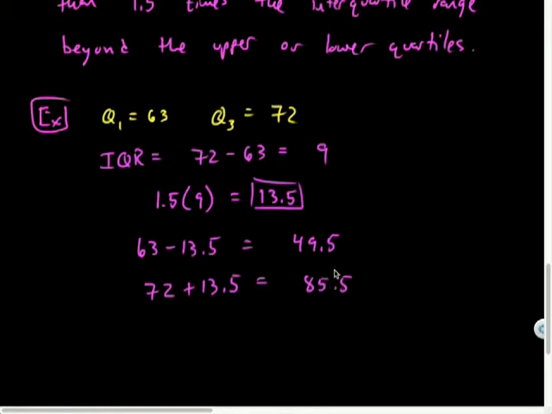So basically any data point that is less than that or more than that would be considered an outlier. It would be less than 49.5 or greater than 85.5. So that's how I would determine whether or not a point was an outlier. Kind of abstract, kind of weird, but that's the idea of how that works out.